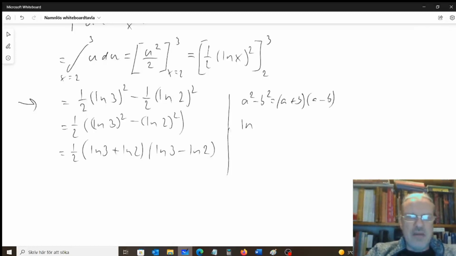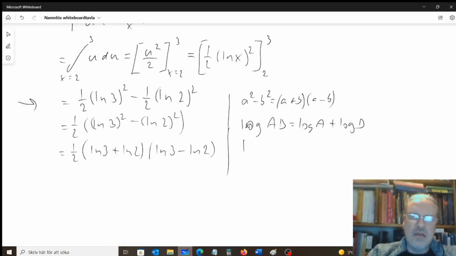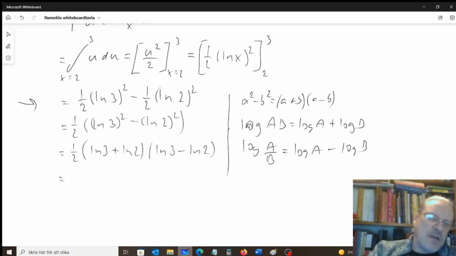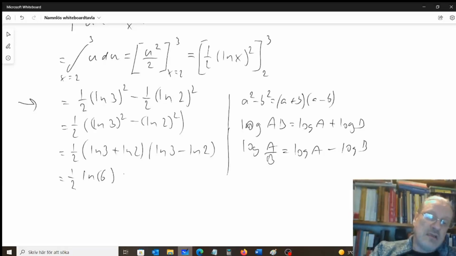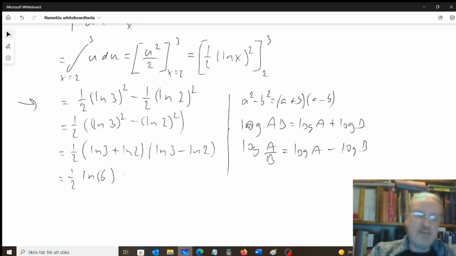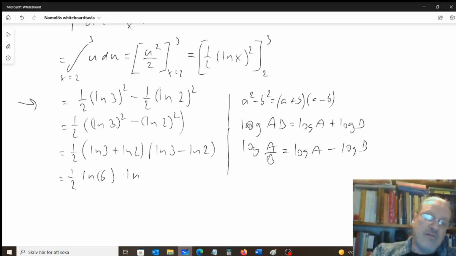Because you have log of a times b is log a plus log b, and log of a divided by b is log a minus log b. These two rules we can use here. This would be a half times ln 3 plus ln 2, that will be ln of 3 times 2, so that will be ln of 6, times ln 3 minus ln 2, that will be ln of 3 halves.